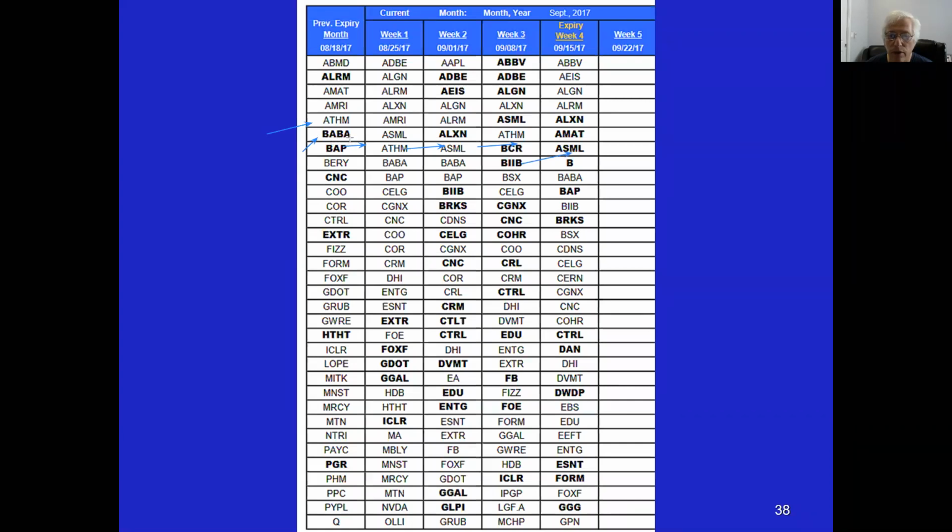When it's in bold, it means it had all bullish technicals. Then it was still on the list, but the technicals started to turn a bit. Didn't make it this week here, but it came back again on this last week here. So you can kind of get a feel for the movement of the stock during the course of the current contract.